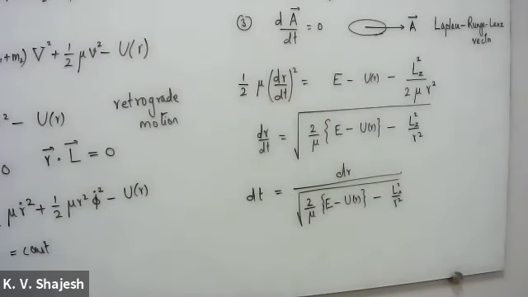But using the angular momentum conservation, I can connect dt and d phi, right? That was what told us that the angle is monotonic with respect to time, so replace dt with angle d phi.